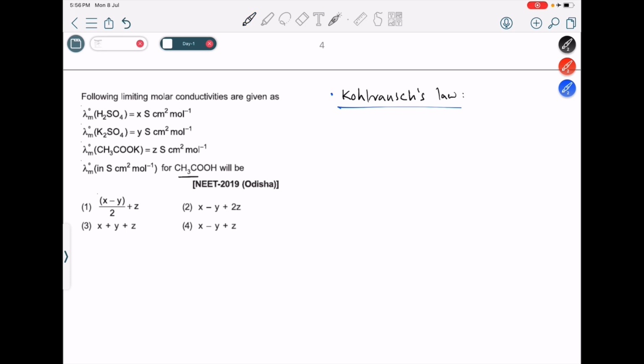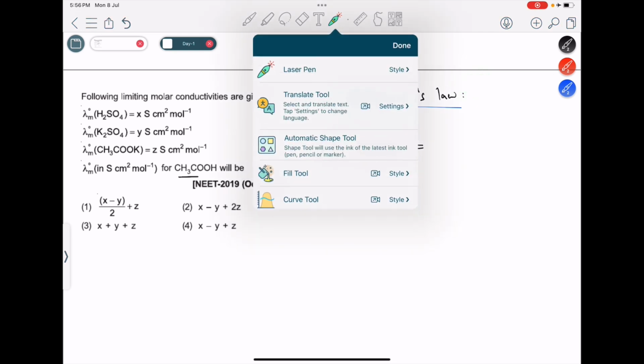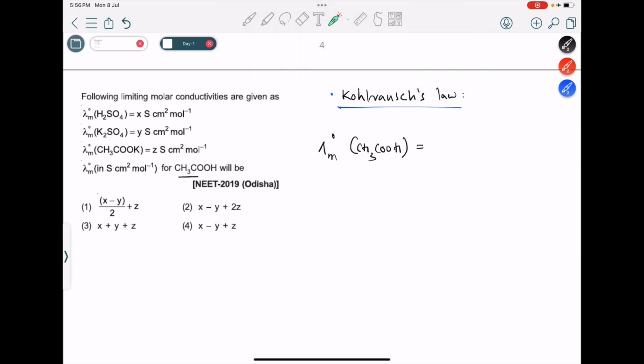And in today's question, they're asking us the limiting molar conductivity of acetic acid, which is a weak electrolyte. So this is what we are supposed to find: limiting molar conductivity of acetic acid. Now we know from Kohlrausch law, the limiting molar conductivity of any electrolyte can be written as the sum of the limiting molar ionic conductivities of its ions, isn't it?